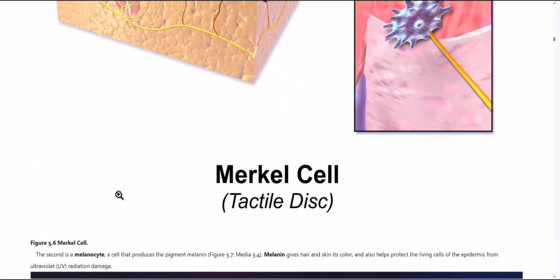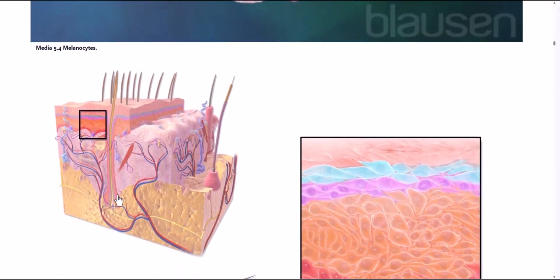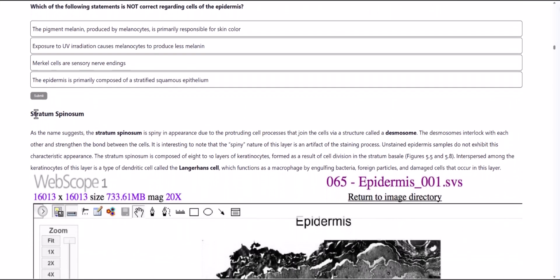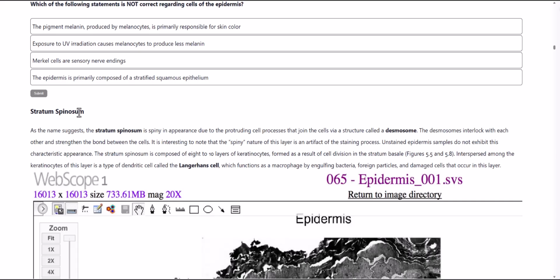Let's go down one more layer. I said down, I'm sorry, up. Let's go up one more layer, and let's get up to the stratum spinosum. Now, the stratum spinosum, the cells here have sort of spiny projections coming from the cells, hence the name, the spiny or the spinosum. And these cells are all linked together with desmosomes.